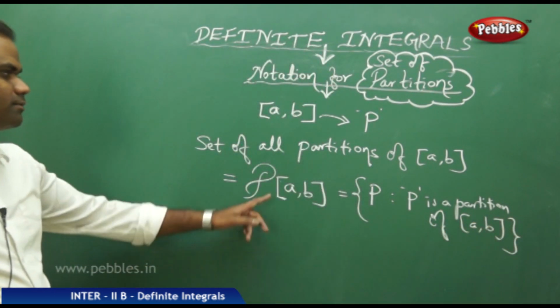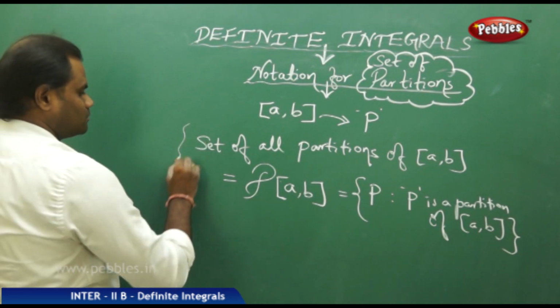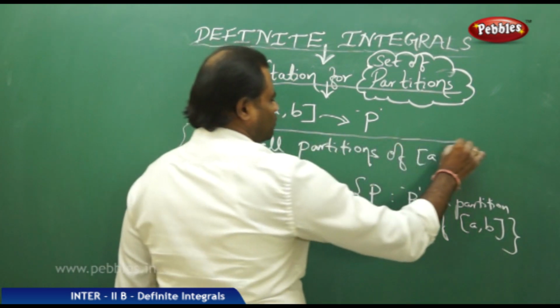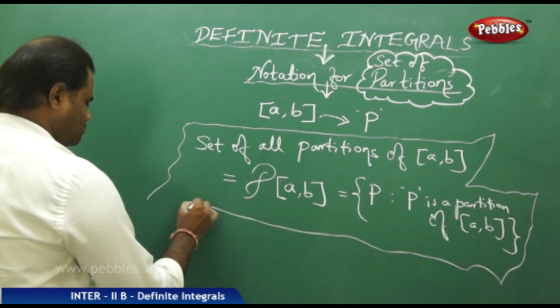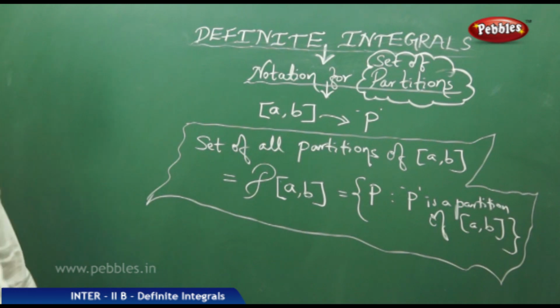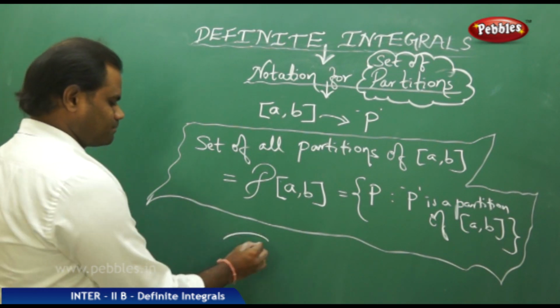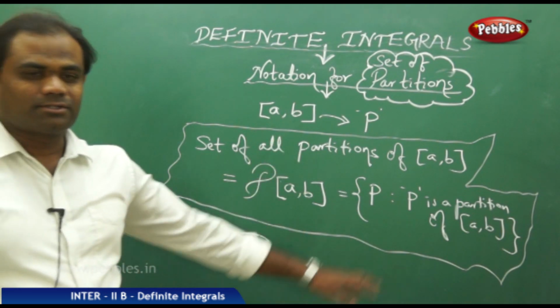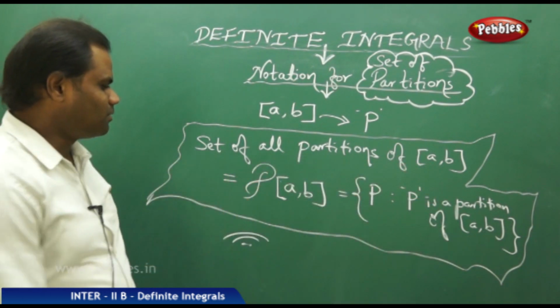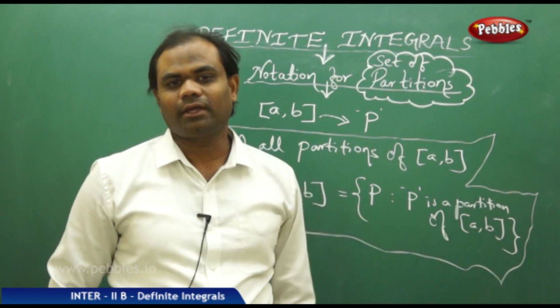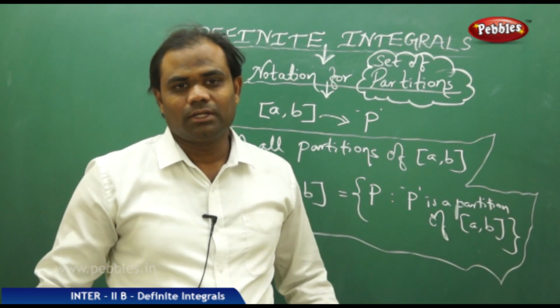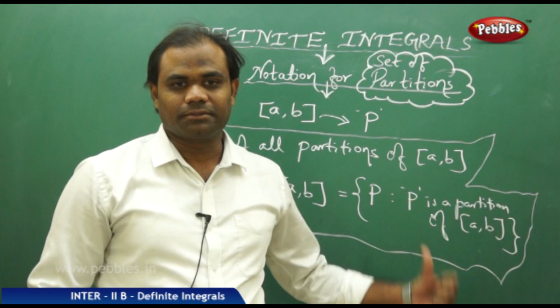So this is how we define the partition set, or set of all partitions. The set of all partitions of the closed interval AB is denoted by P of AB, as P such that P is a partition of AB. That is the set of all partitions and its notation.